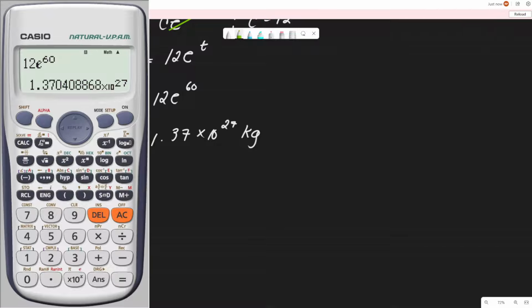So to write the conclusion, since 1.37 times 10 raised to 27 is much greater, remember guys, exponent na to, than 5.98 times 10 raised to 24, kasi tinatanong, the pheasants are more massive than the Earth, collectively.